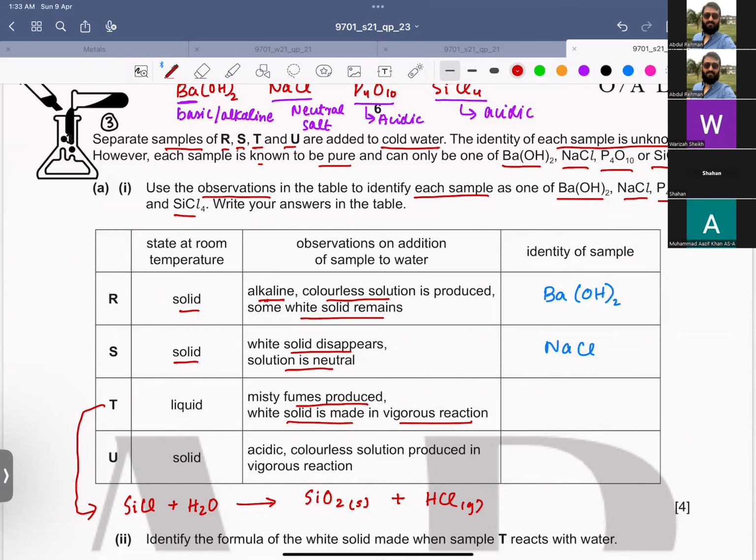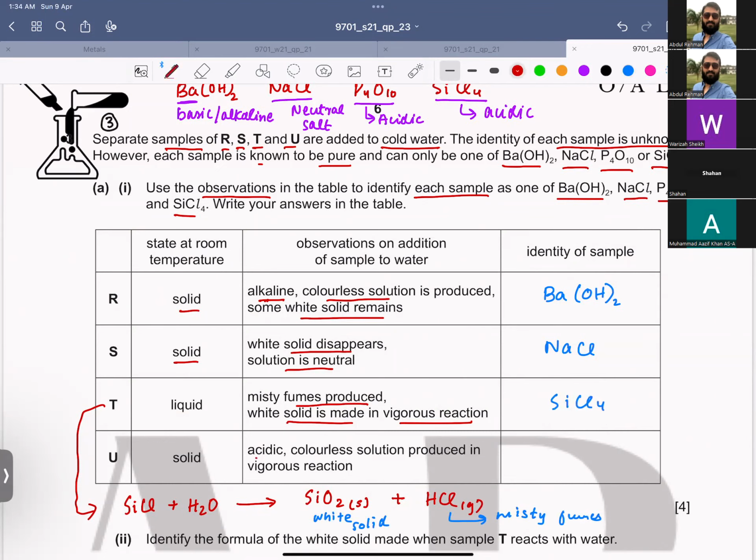So as it is insoluble, we got a white solid, that is silicon oxide. HCl is formed in very large amounts, so it gets dissolved as well. But besides this, misty fumes are also observed. So I can conclude that the liquid T is SiCl4.